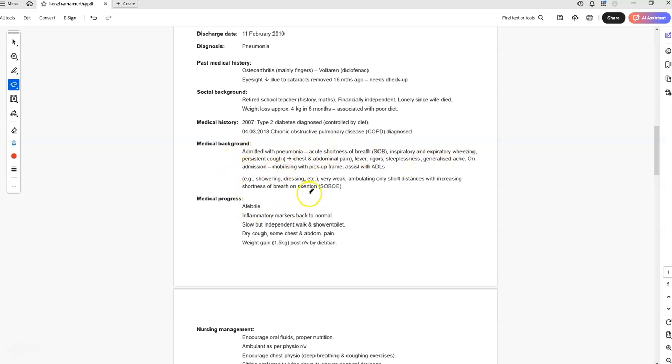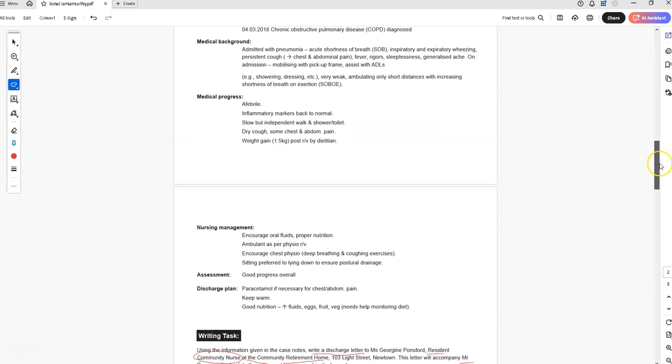But what she wants to know is what actually occurred. Okay, so he made medical progress, afebrile, so he improved, he gained some weight, etc. And what's going to happen afterwards? What should she do in the retirement home? Make sure he gets enough fluids, proper food, chest physio, and what to do, and so on. Okay, that's pretty straightforward stuff.